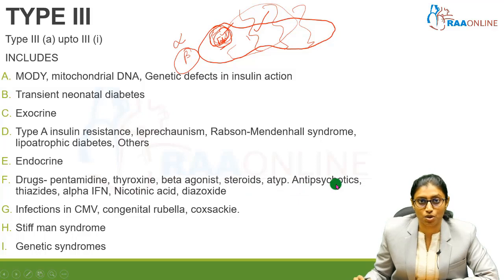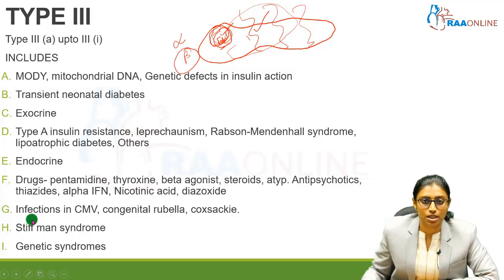A psychiatric patient coming to you with diabetes, you should always get a history of what antipsychotics they have been taking. Nicotinic acid is used in the treatment of hypercholesterolemia, the unfavorable effect being its effect on glucose metabolism. So that is why we don't use it very often. So nicotinic acid also causes disturbance in glucose metabolism.